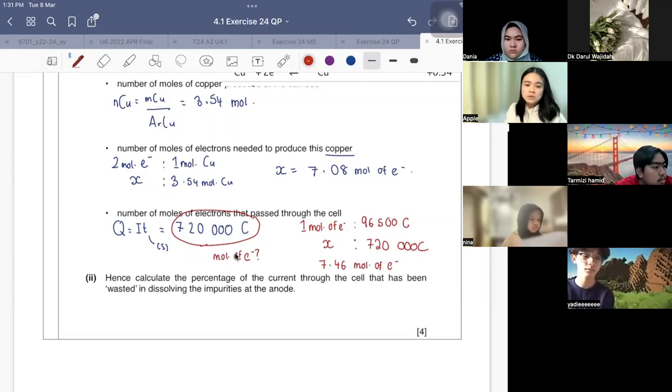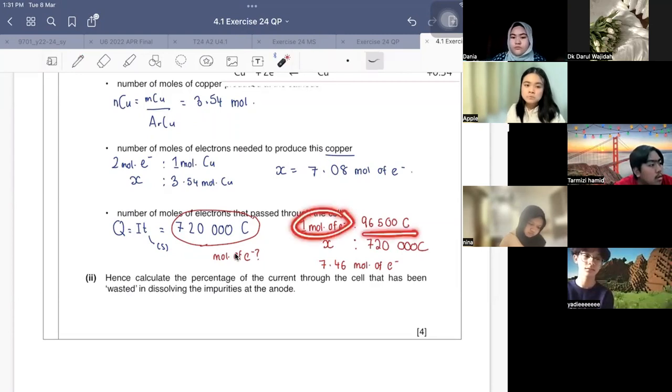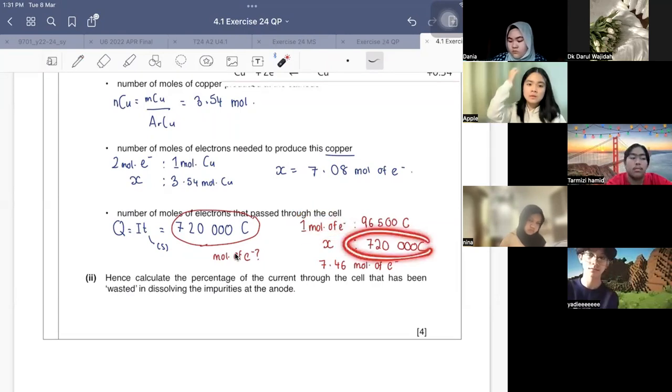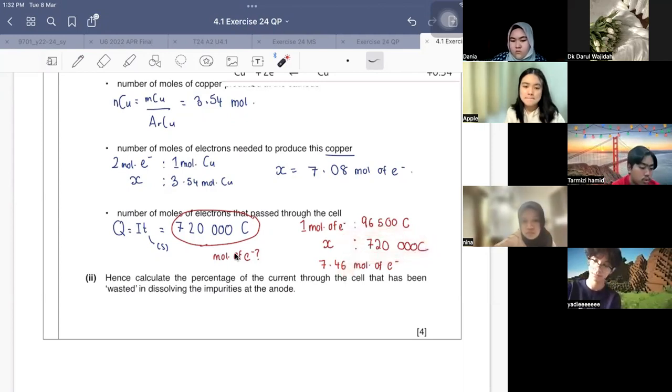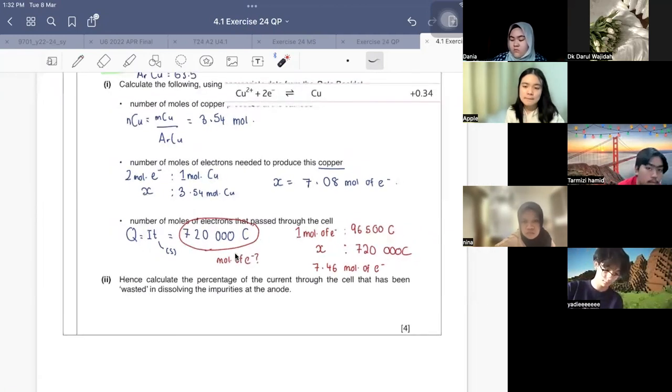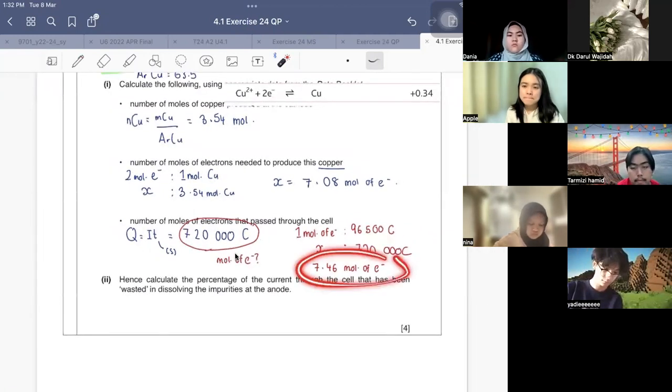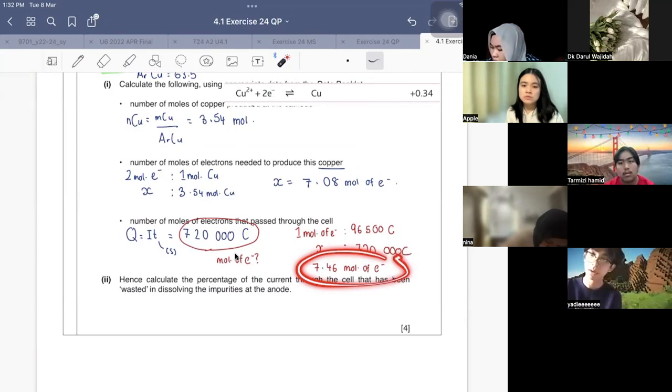So the reverse is also true. 1 mole of electrons would carry 96,500 coulombs, and 720,000 coulombs is equivalent to 7.46 moles of electrons. Okay, so where are we going with this? This number, 7.46 moles of electrons, is the charge that is being supplied into your electrolysis setup.